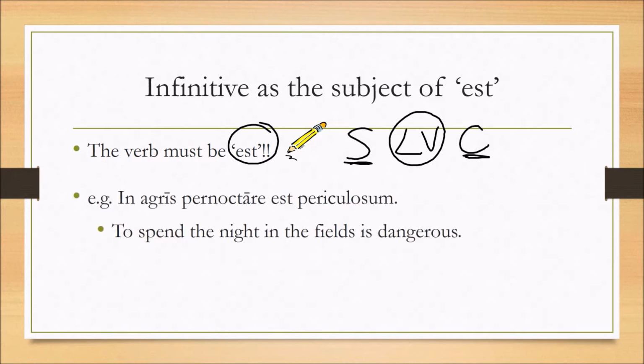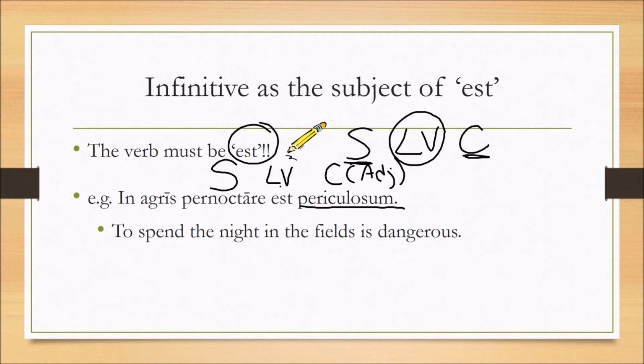In agris pernoctare est periculosum. To spend the night in the fields is dangerous. And here what's really happening is our infinitive pernoctare is acting as our subject with our linking verb est, and then here we have a complement which happens to be an adjective along with it.